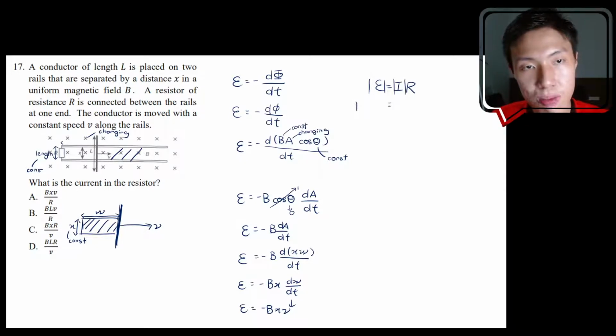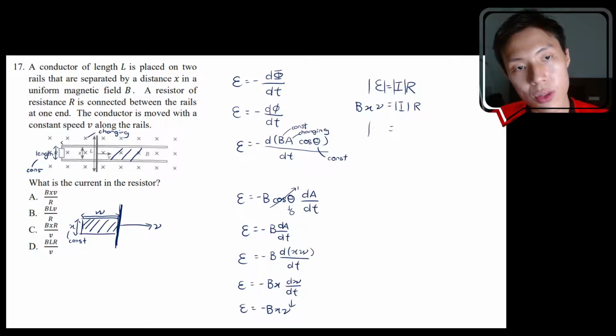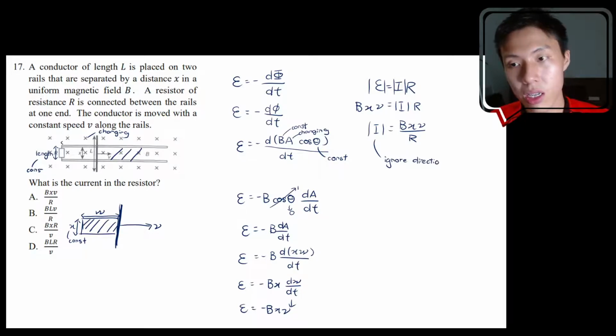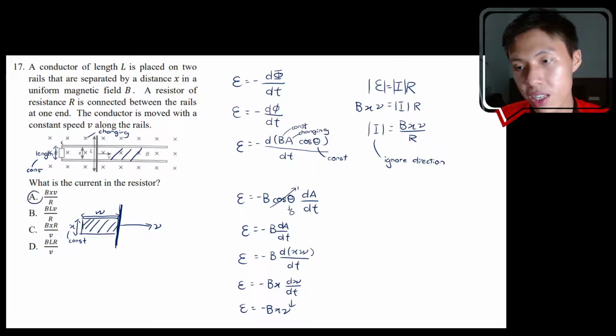So this is just BXV equals IR. So the I will be BXV over R. I do this because I don't want to look at the direction. Okay, ignore direction. So BXV over R is the current.